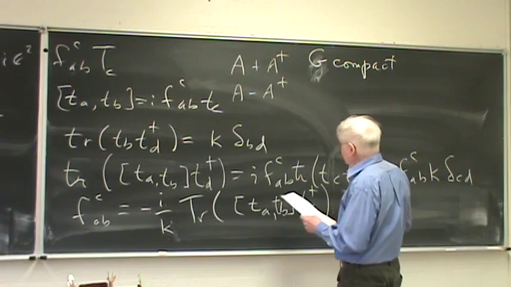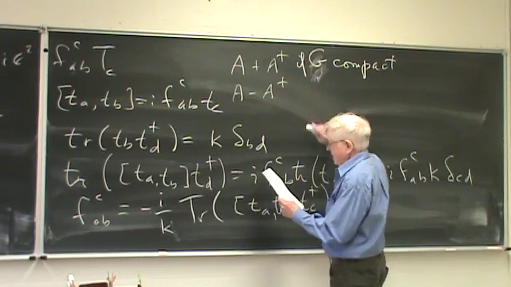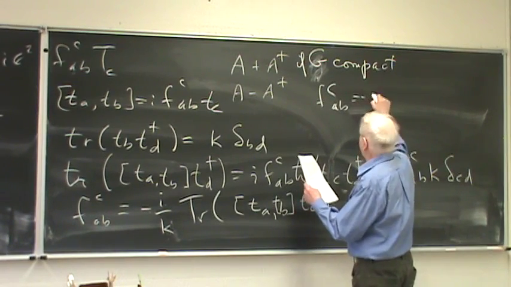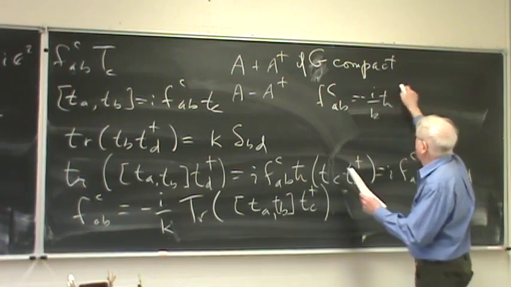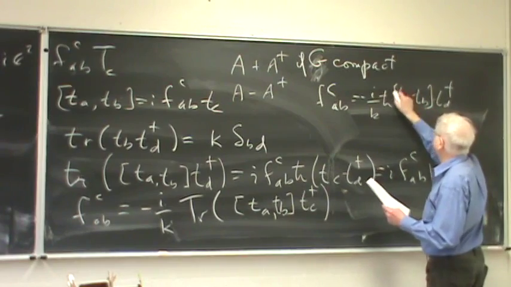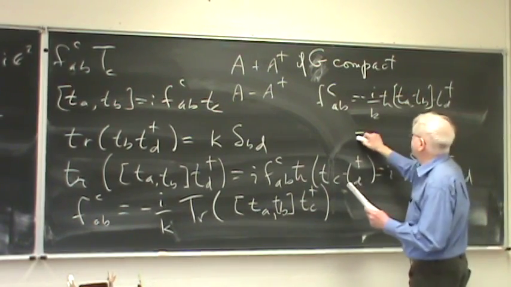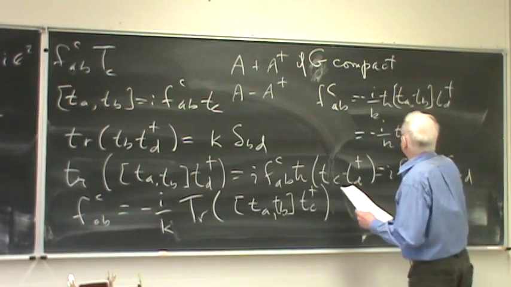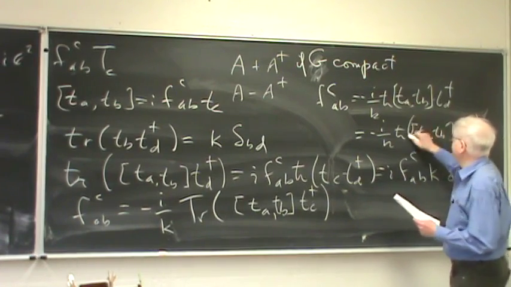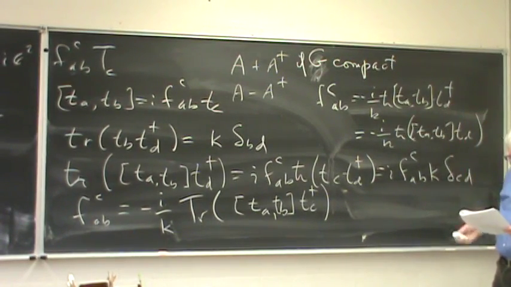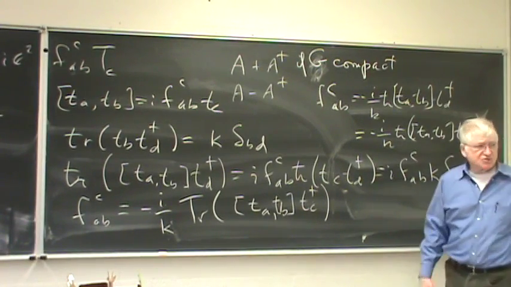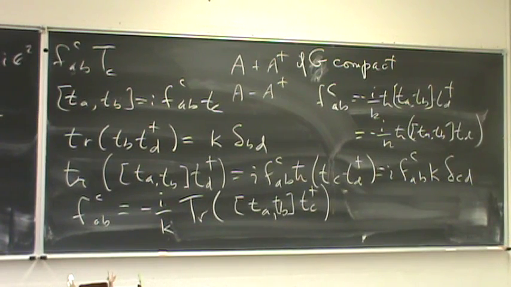Anyway, if the group is compact, then the generators are Hermitian, and then f_cab is minus i over K trace of T_a T_b T_d dagger, this being the commutator, and that's the same as minus i over K trace of the commutator of T_a with T_b times just T_d, because all the generators are Hermitian. And then what we have about a trace is that a trace is cyclic.